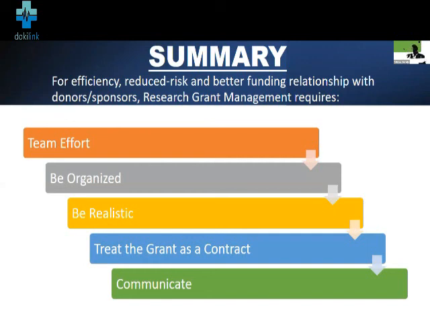And there are certain things that you cannot undermine. You cannot undermine team effort. You cannot undermine being organized and realistic in what you want to do. You must, by all means, treat the grant as a contract, and you must keep communicating and communicating. Thank you very much.